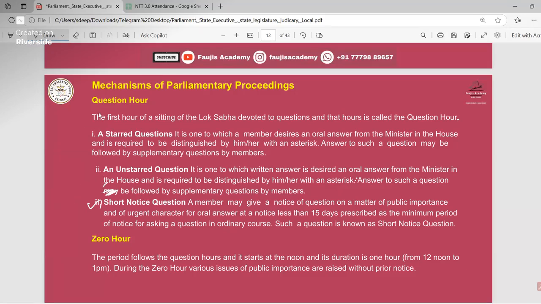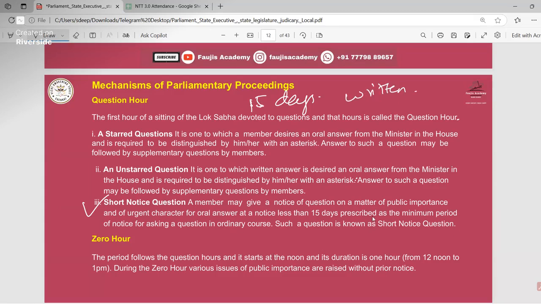So next is the short notice question. So what is the short notice question? A short notice question is something where 15 days of time will be given to you. The question is given to you prior to a certain time, so you are required to give a detailed answer in written manner.